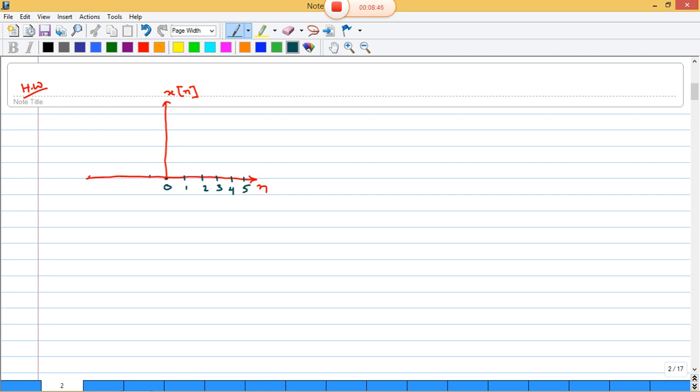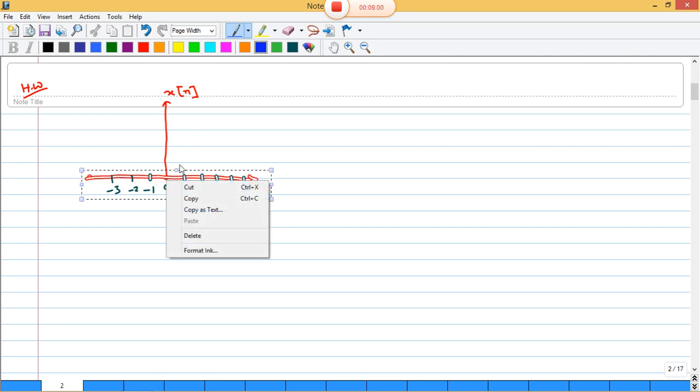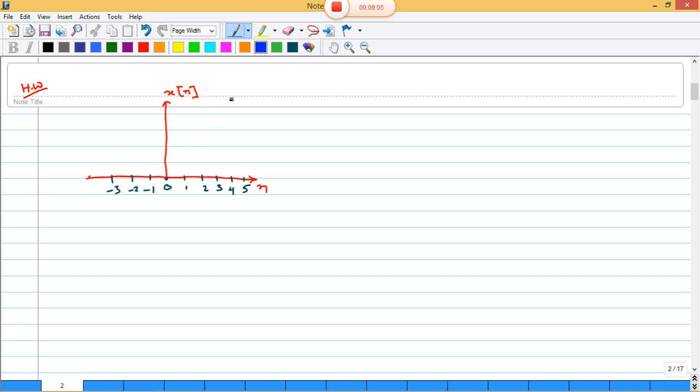Okay. Now the points on the left side are minus 1, minus 2, minus 3. It looks like this. Now at 0 it will be 0. At 1 it will be 1.